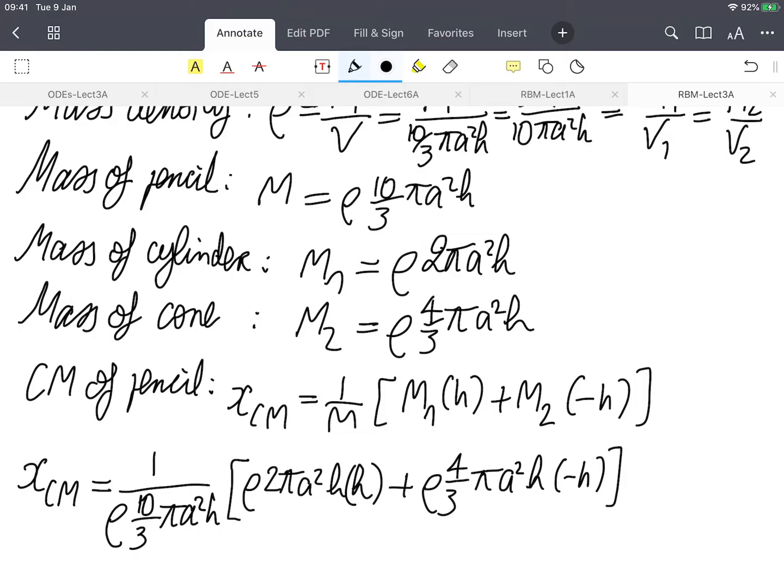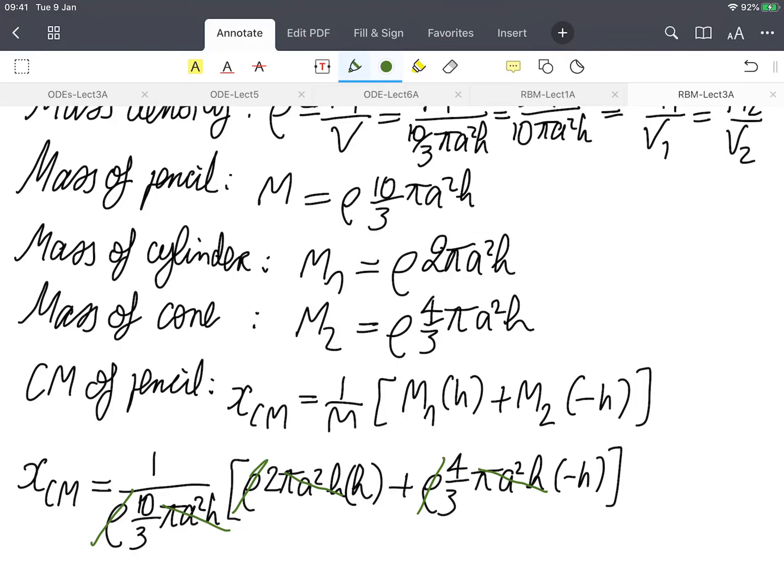Okay, that's it. Some tidying up. I see that the rho is on top and bottom. The pi, the a squared, and the h as well cancel.